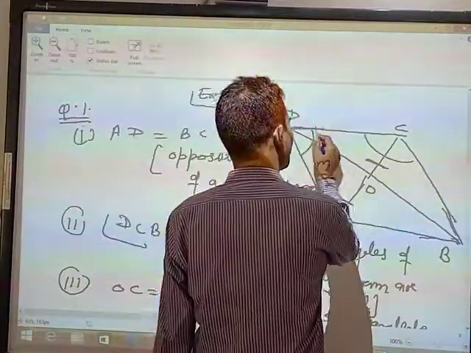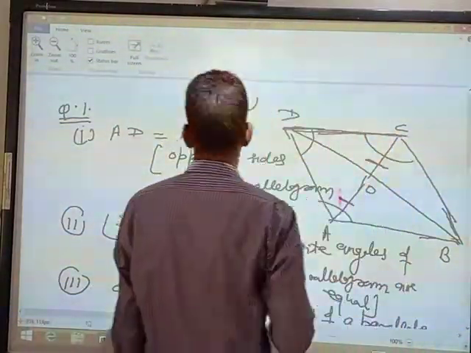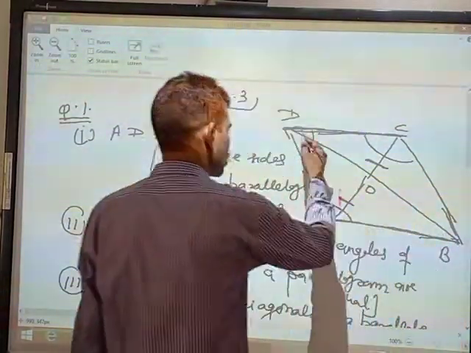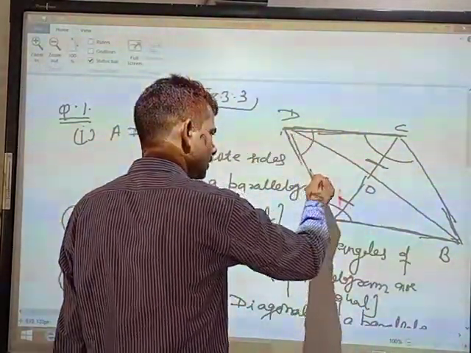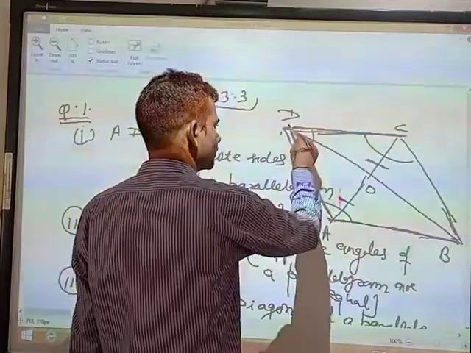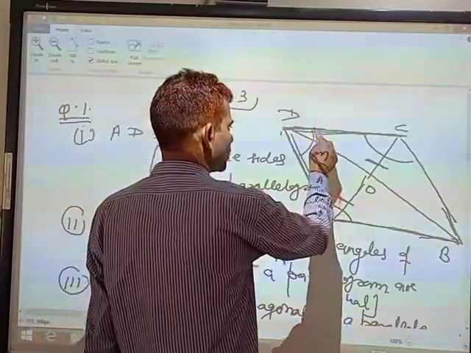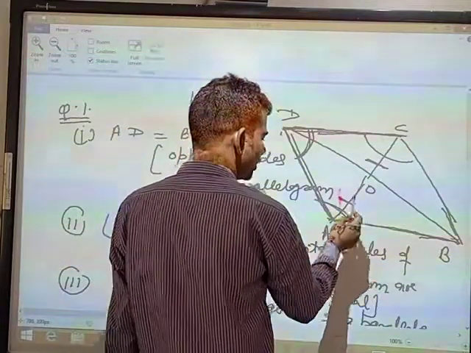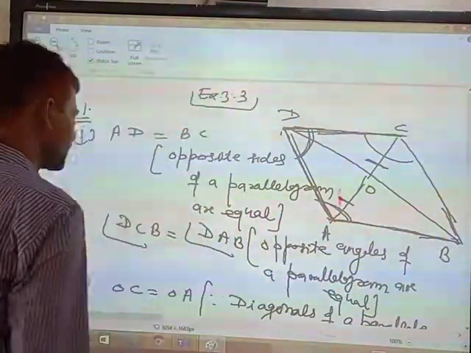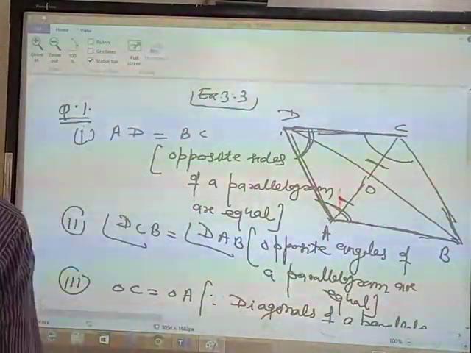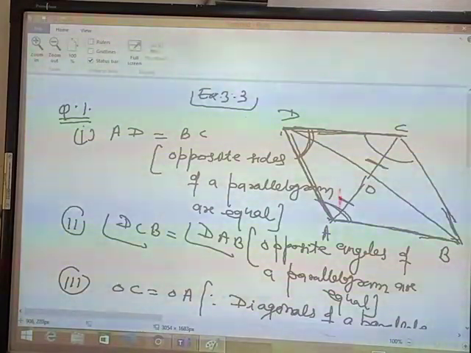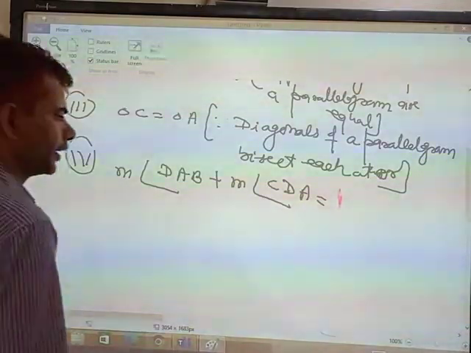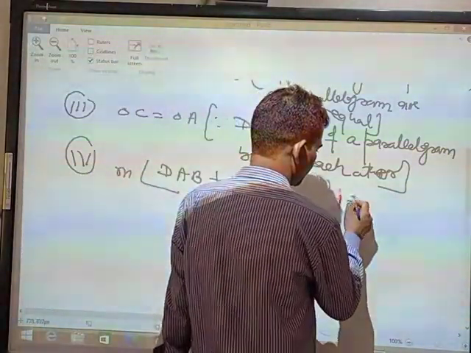These are your parallel lines, and this is your transversal. Students, what is the sum of two angles on the same side of a transversal? 180 degrees. Yes, students.